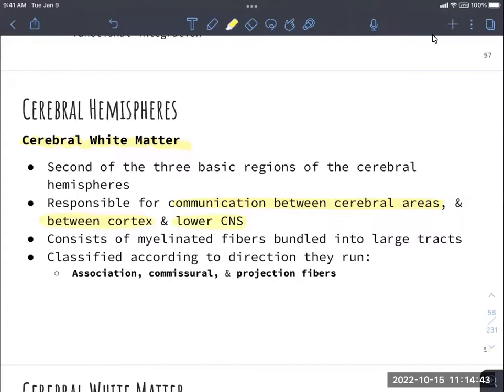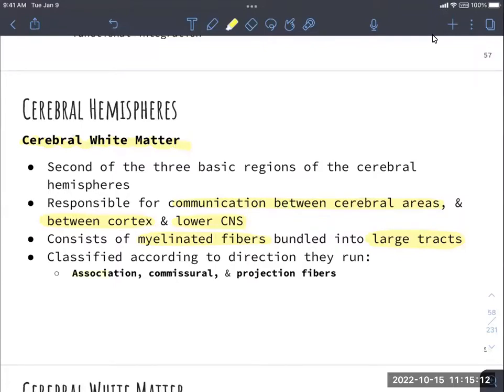So nerves that are coming from that spinal cord or going down that spinal cord, that is all done through that cerebral white matter. Again, white matter is myelinated fibers, and they're in what are called tracts. Tracts are what allow nerves to travel from one area to another.